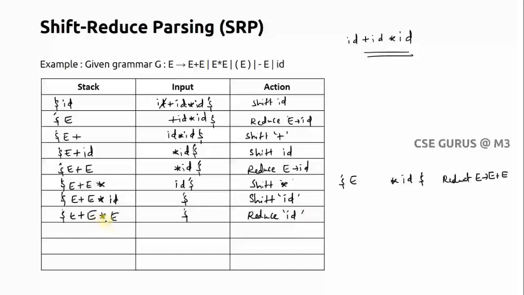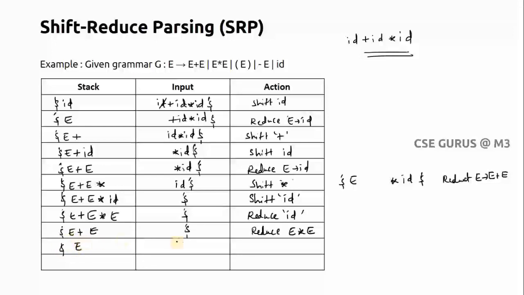Now you can see E star E, can I reduce? Yes. So E star E can be reduced as E. So that I'll write here, reduce E star E. Now here you can see E plus E. Can I reduce?